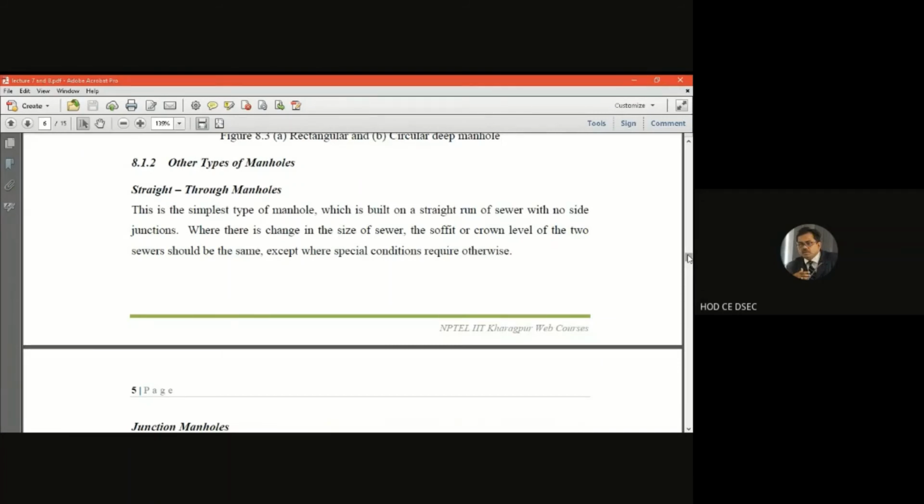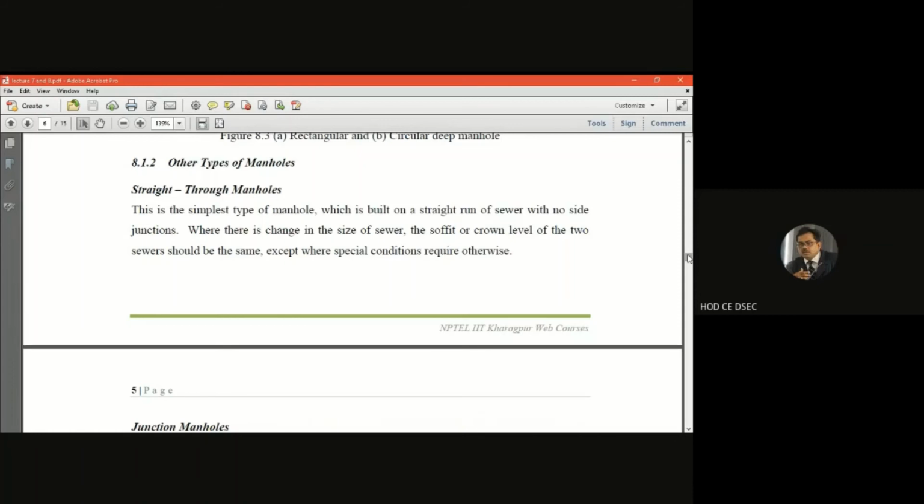This is the simplest type of manhole, which is built on a straight run of sewer with no side junction. That means no junction in the straight portion itself. These manholes are provided where there is no deviation in slope, no deviation in the path, it goes straight.